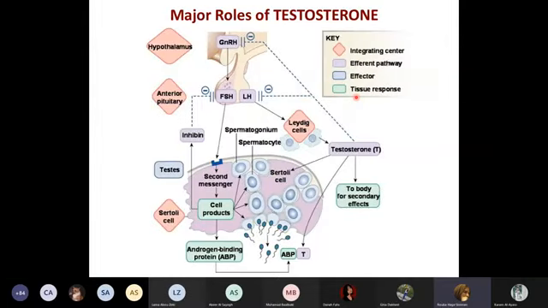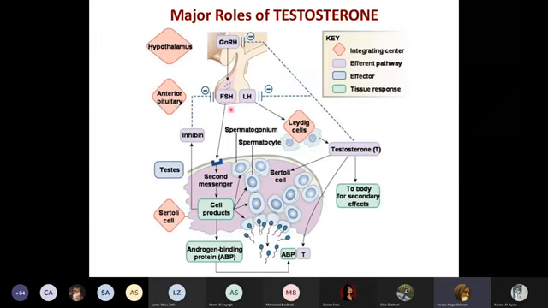The testosterone is very important because it participates in the activation of what we call the hypophyseal testicular axis. What does it mean? The testosterone will act like an intermediate molecule between the hypophyseal axis, the hypothalamus anterior pituitary axis, GnRH that stimulates FSH and LH.